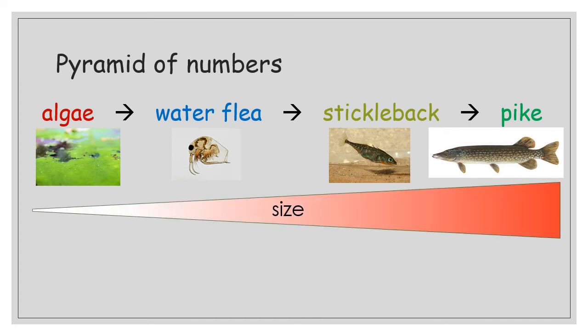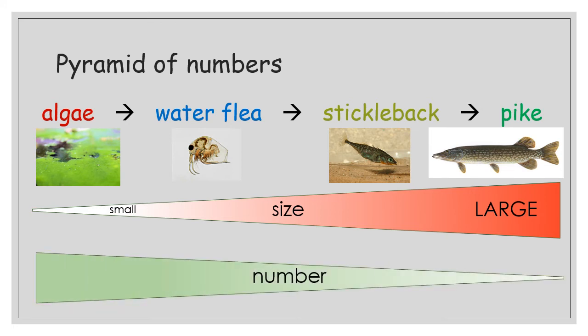So algae, tiny microscopic organisms, incredibly small, going up to a really large organism. That's what you'd normally find within a normal food chain in general. And in terms of numbers, again, there'll be thousands or millions of these microscopic algae to a very small number of pike.